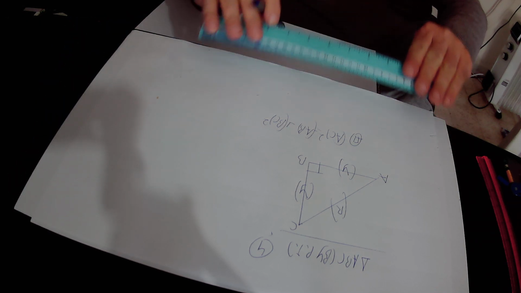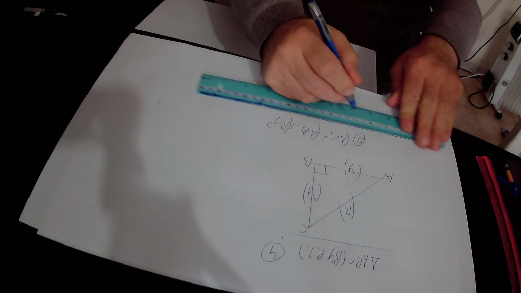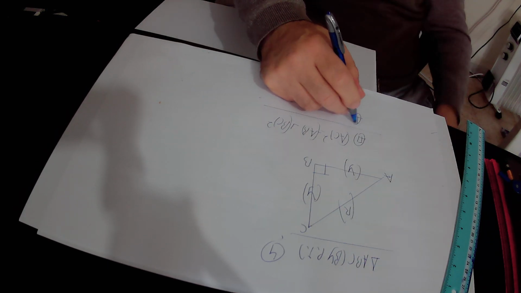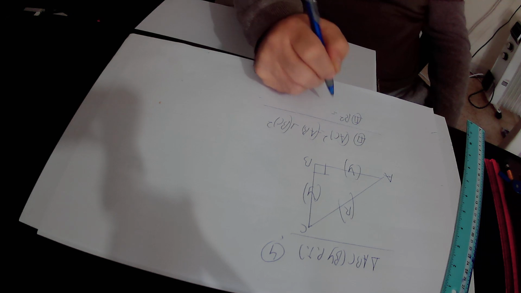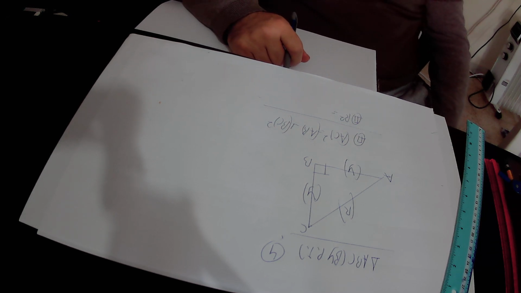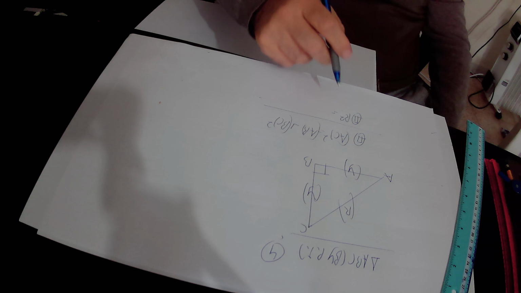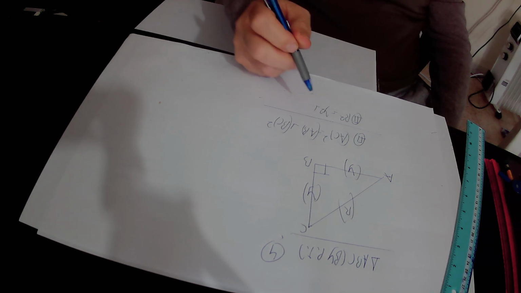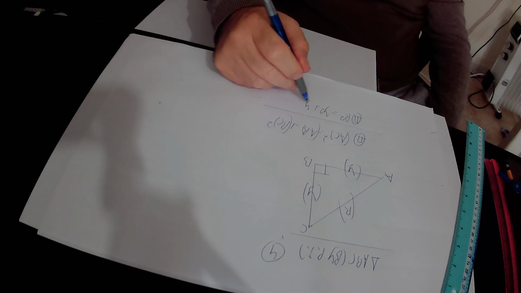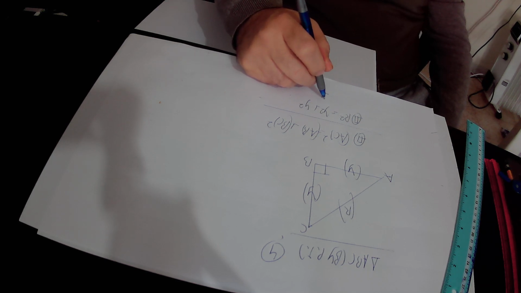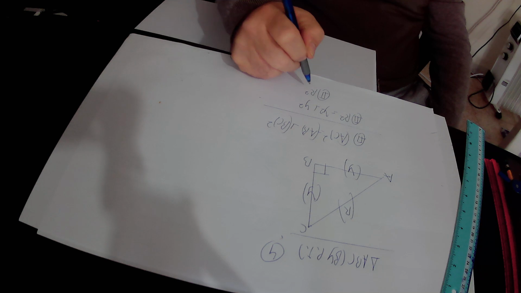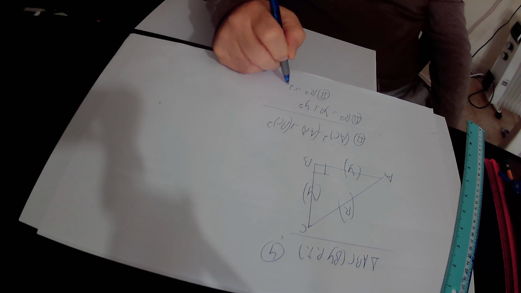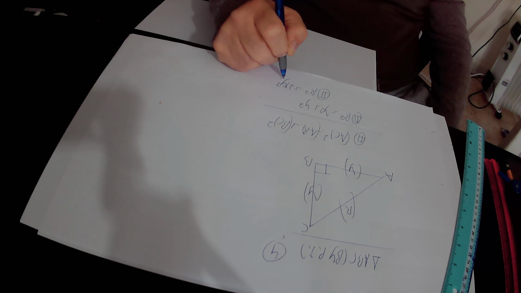AC is R, therefore AC square is R square, and it is equals to AB square, that is Y square, plus BC square, that is also Y square. So R square equals to Y square plus Y square, that is 2Y square. R square equals to 2Y square.